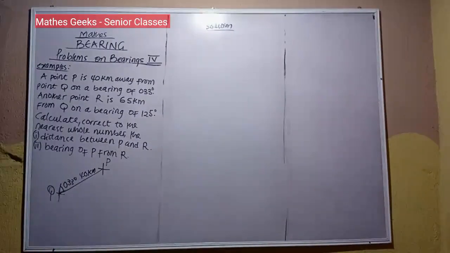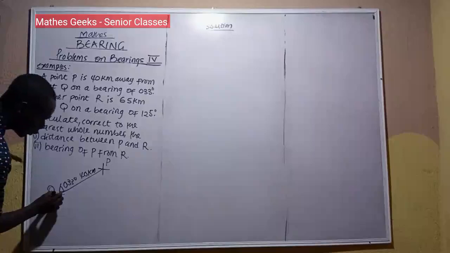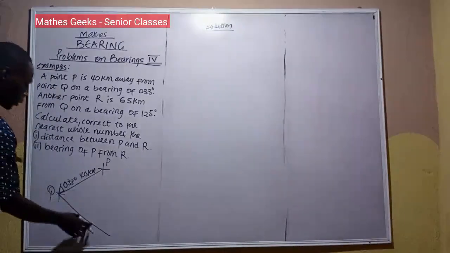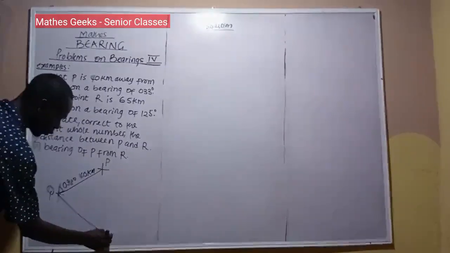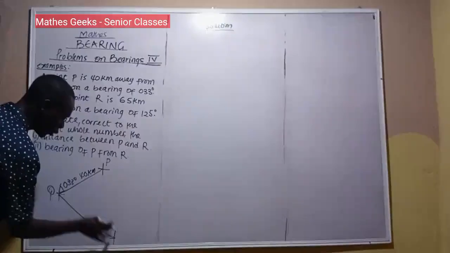Another point R is 65 kilometers from Q, on a bearing of 125 degrees. However, the distance of 40 and 65, so it's going to be longer than this one.